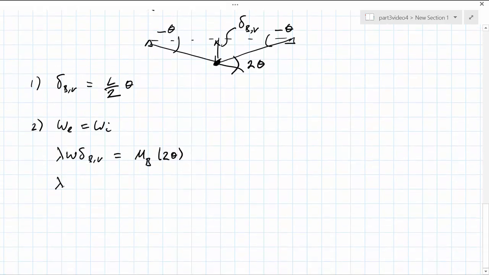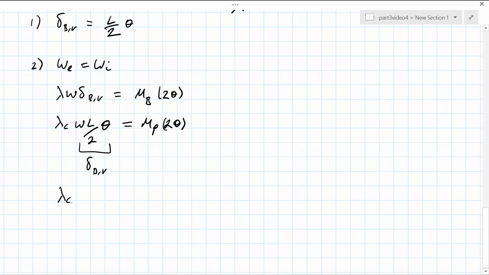At collapse, then we have lambda C times WL over 2 times theta, where we've now just substituted in for what delta BV was, and this is equal to the plastic collapse moment times 2 theta. The plastic collapse load factor then is given by 4 MP over WL, and the plastic collapse moment is given by WL lambda C over 4.